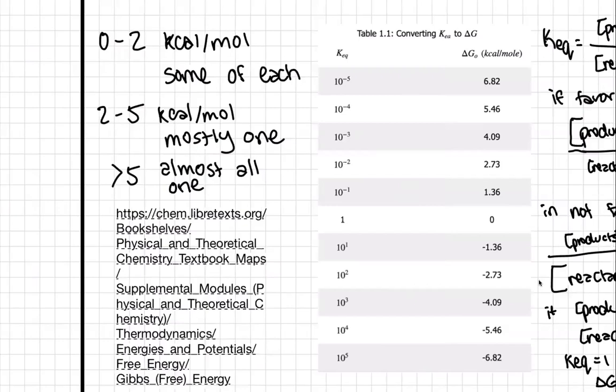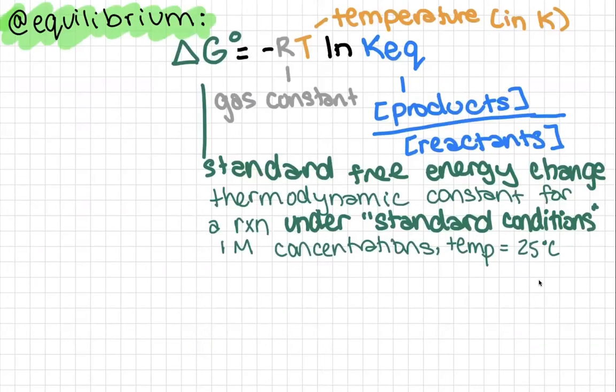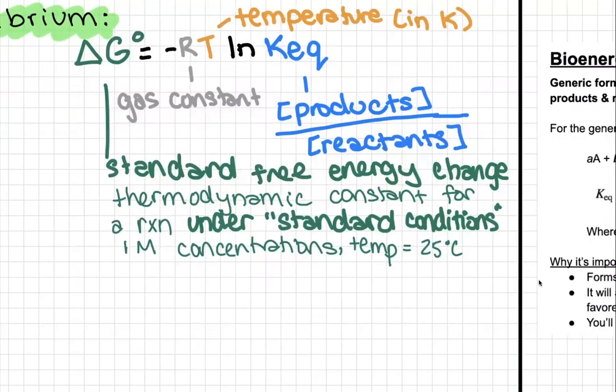Because remember, we have this equation where the natural log of 1 is going to be 0. So this is going to be 0. And so your delta G naught is going to be 0 if you have equal amounts of products and reactants.